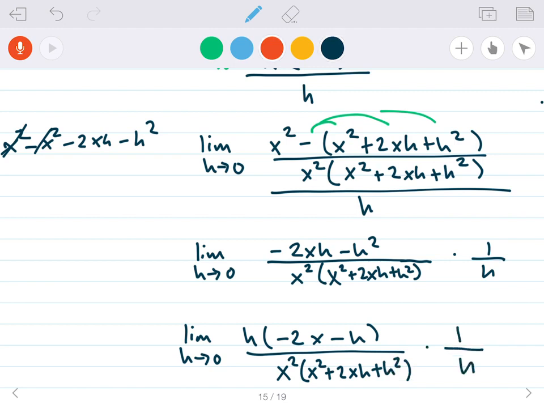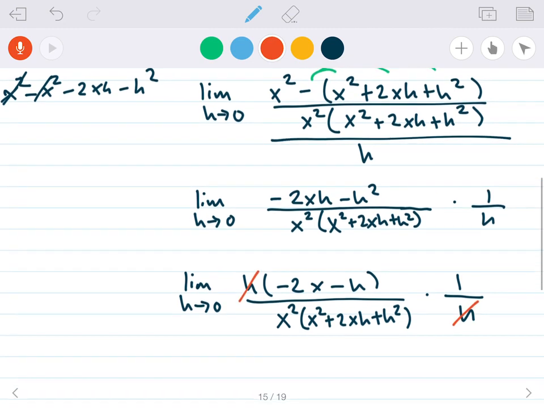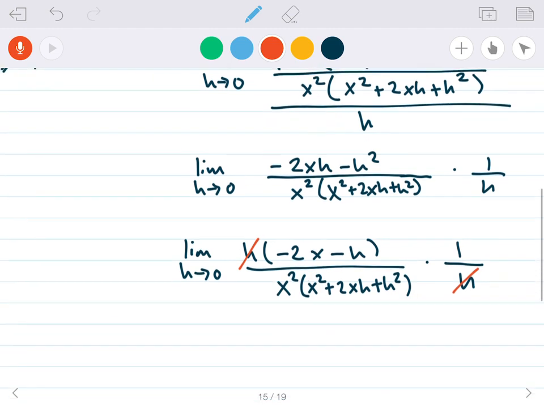And so these h's can divide each other out, right? And now we're in a good position because we don't have a 0 in the denominator when we plug in 0 for h. So let's go ahead at this stage and plug in 0 wherever we see an h.